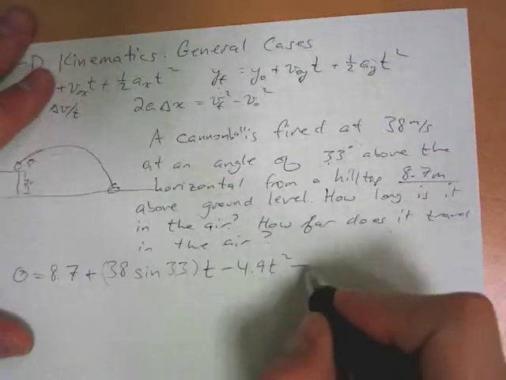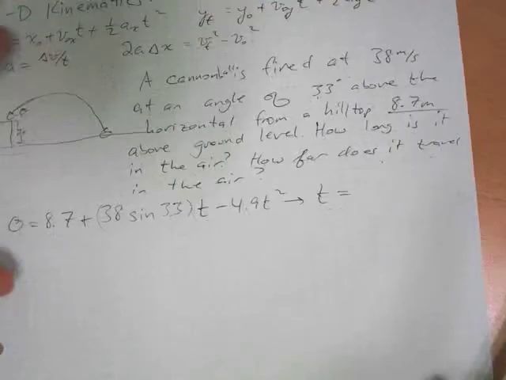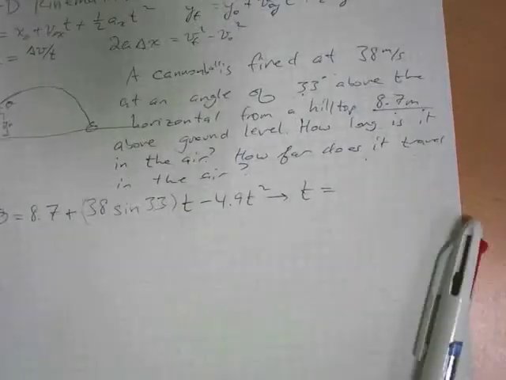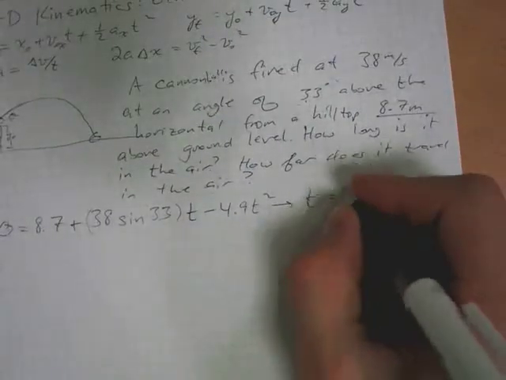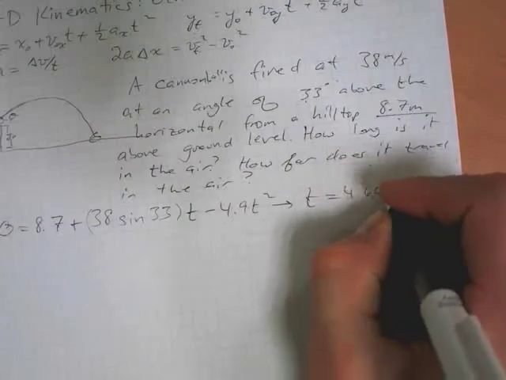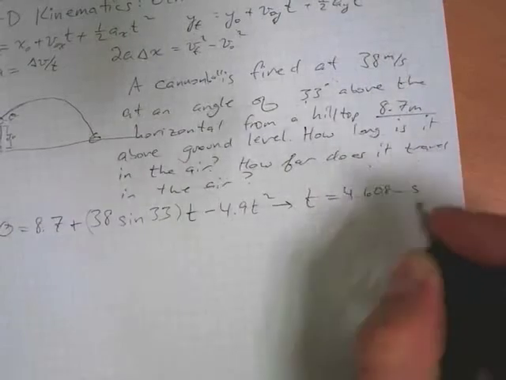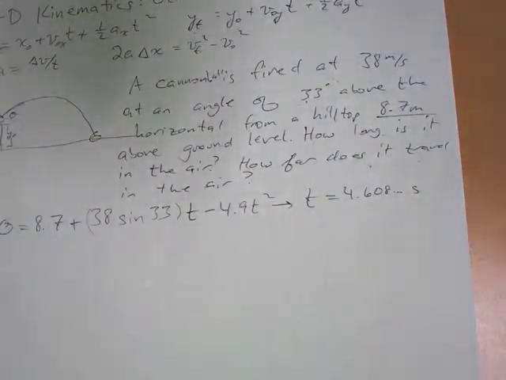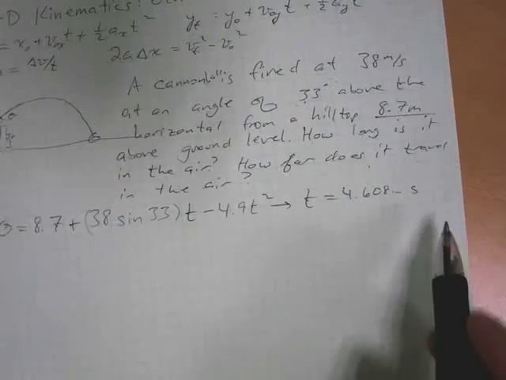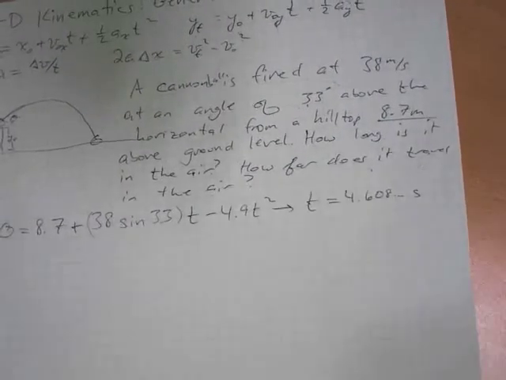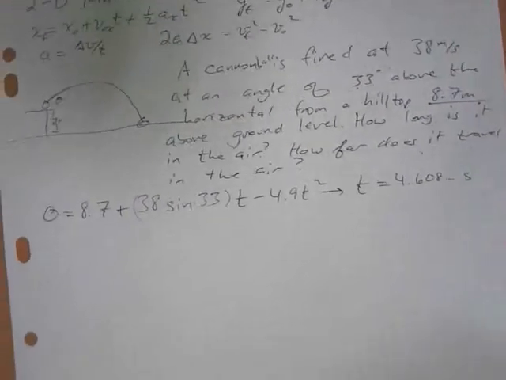And we can punch that into our calculator and find that t equals 4.6089, etc. seconds. Now there's also a 0 at t equals minus 0.385 seconds, but t equals 0 is when our equations become valid, and so we ignore the negative time answer.